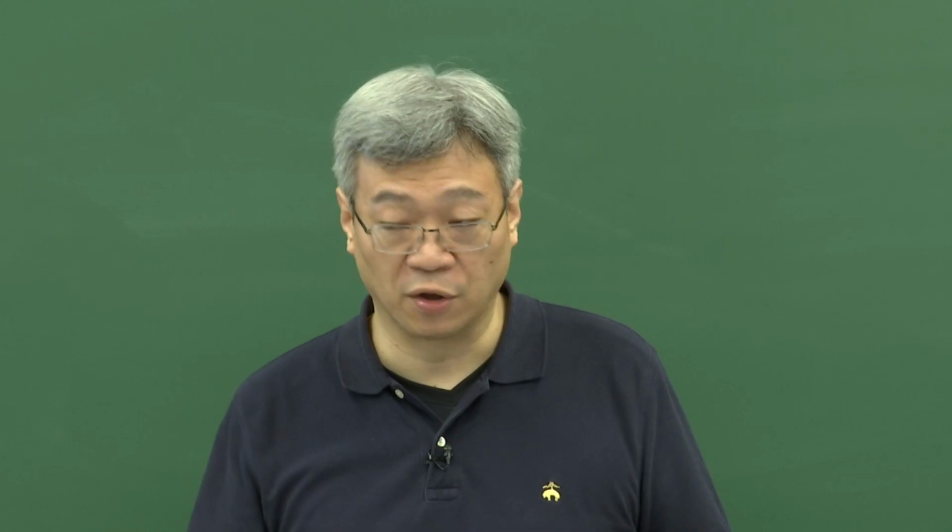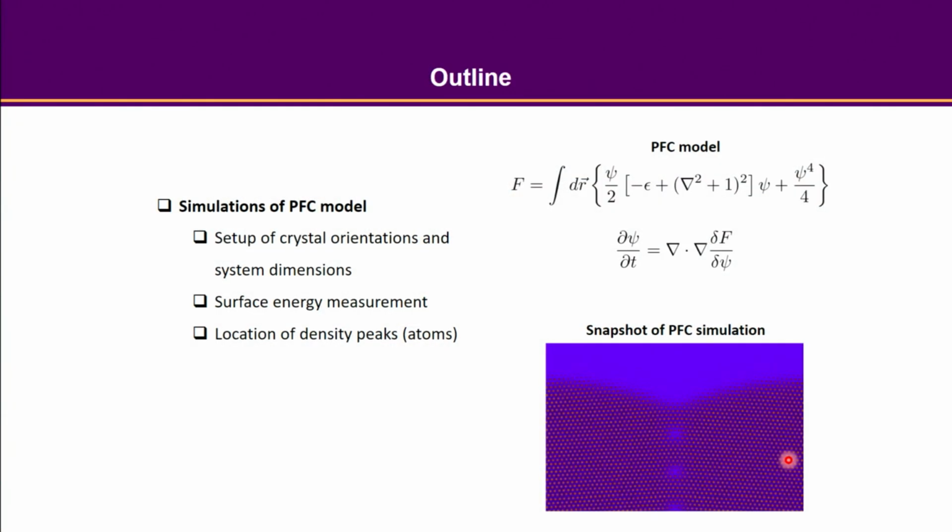And how can we do that? So I'm going to show you that you can use the Fourier transform together with the Newton-Raphson method to pinpoint the position of each local maxima, which corresponds to the position of atoms, okay?